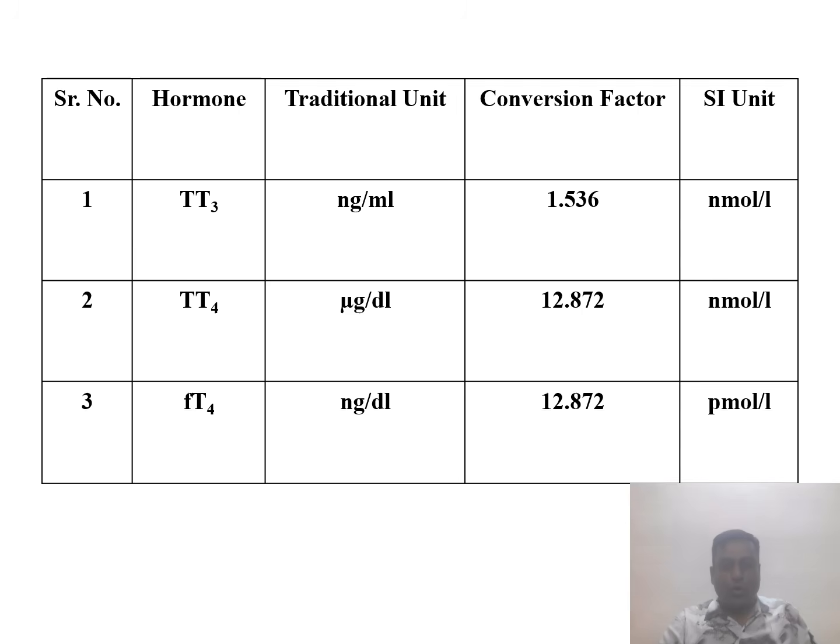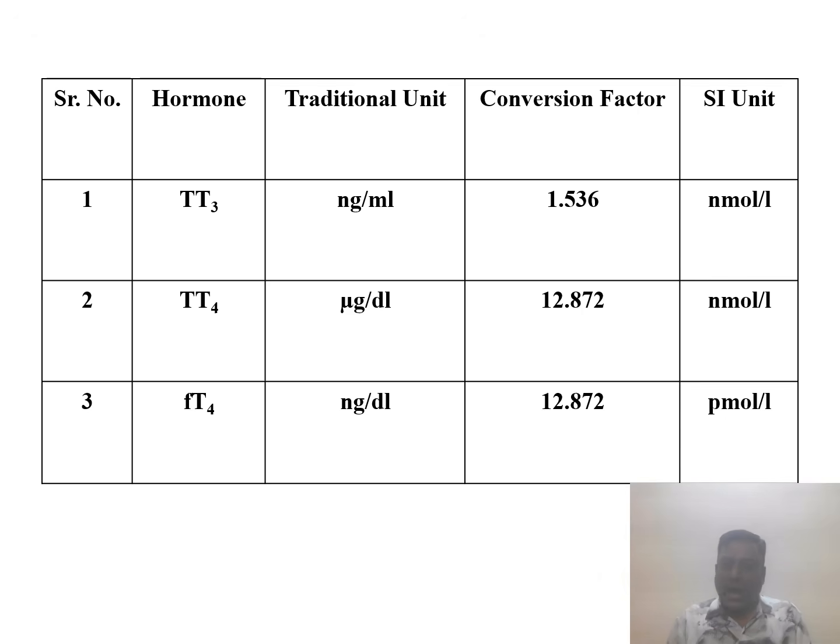For total T4, in our report generally we are getting microgram per dl, and here the conversion factor 12.872 we need to multiply with that value, and we will get the result in nanomole per liter. Same for FT4, we are getting the result in ng per dl. The conversion factor is 12.872, and the final values we will get in picomole per liter.